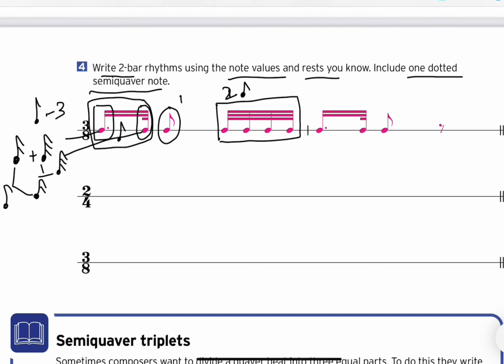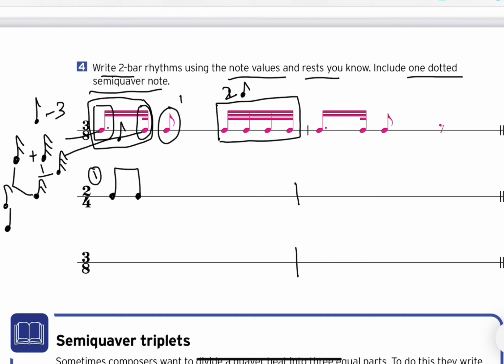So for 2/4, let's put the bar in between for both of them. So 2/4 means we need 2 crotchet beat value. Okay, so let's start. We'll make 2 quavers or the eighth note. Okay, that completes the value of our one crotchet beat.